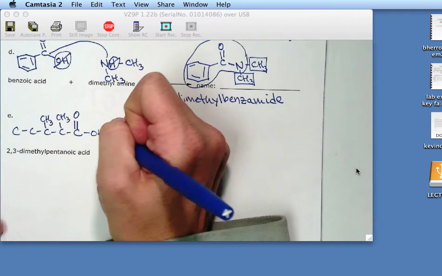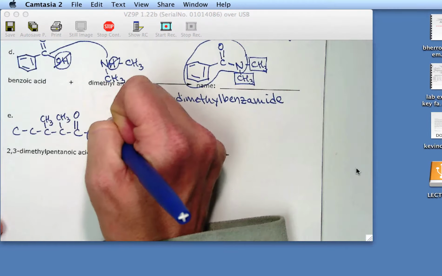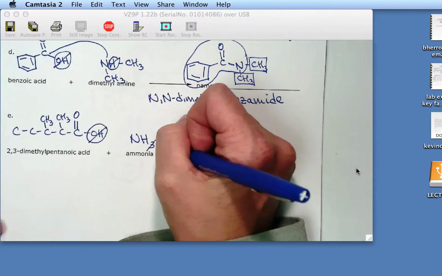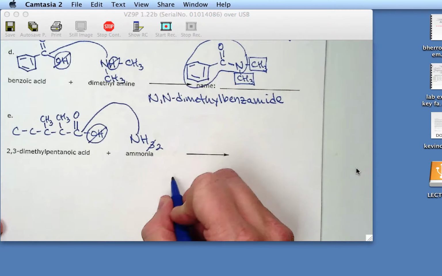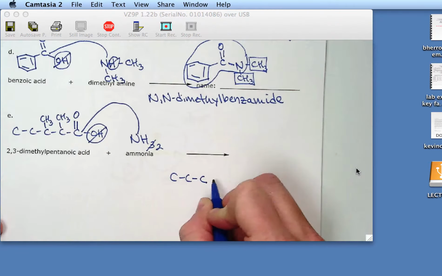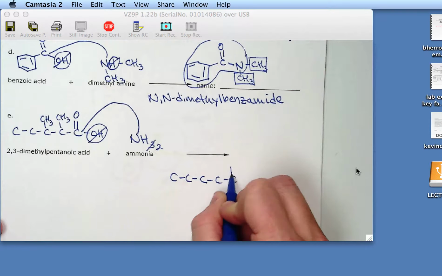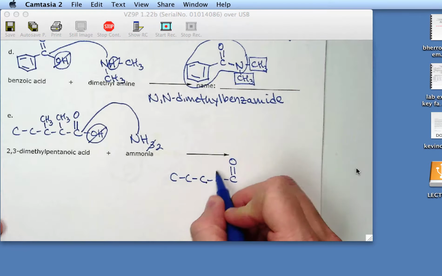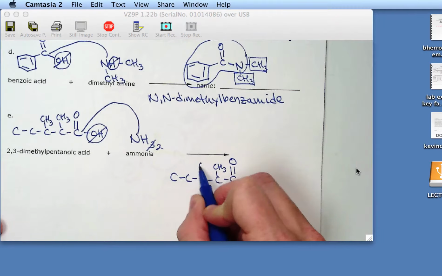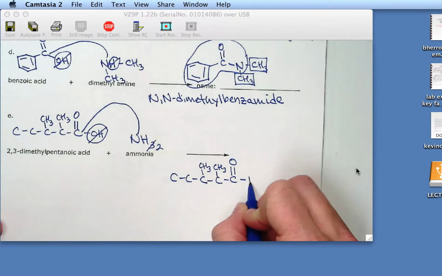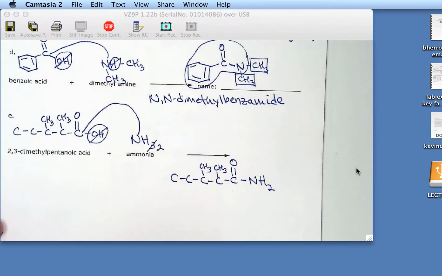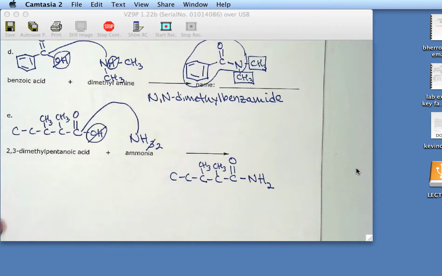So then you go to your OH, get rid of 1 hydrogen, make a really long bond. NH2. I'm going to test all of just those. You can do the reaction.